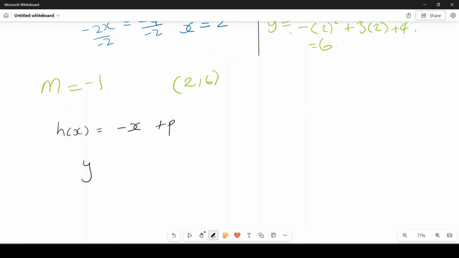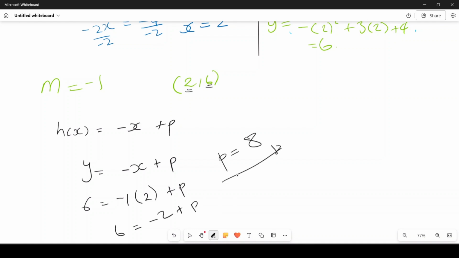So this is the same as y equals -x plus p, right? I substitute my y, which is 6, and -1 is my gradient, multiplied by my x, which is 2. Now I can solve for p. So 6 equals -2 plus p, so my value of p would be equal to 8.